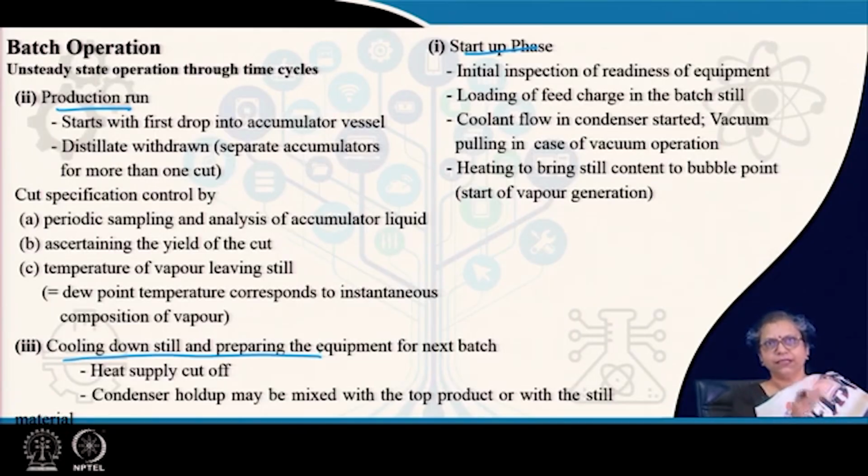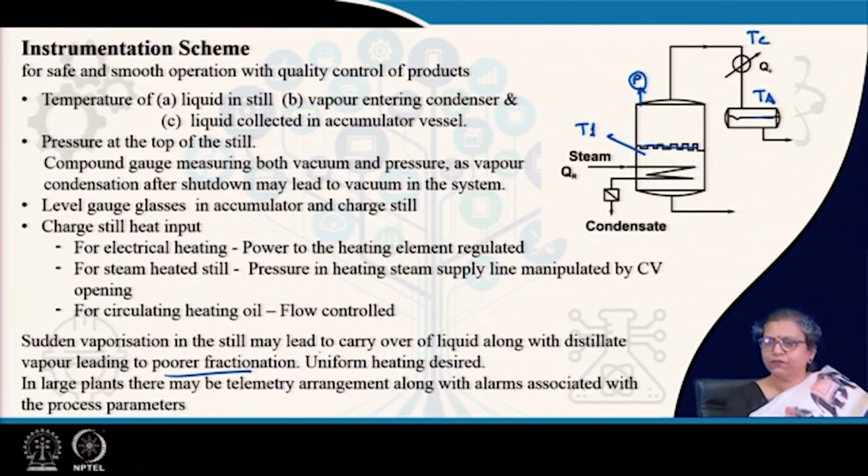As long as the heating continues and vapor is being generated, but nothing is collecting in the accumulator, it is the startup phase. We continue heating. During the heating, what happens? The vapor gets generated, and this vapor heats the upper part of the accessories, the piping, etc., and while it gets heated, some amount gets condensed and comes back into the still, and then again it starts heating.